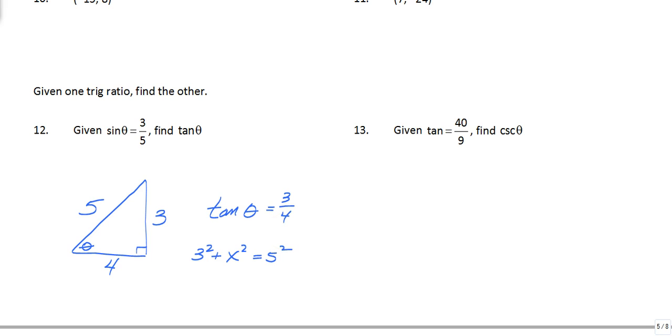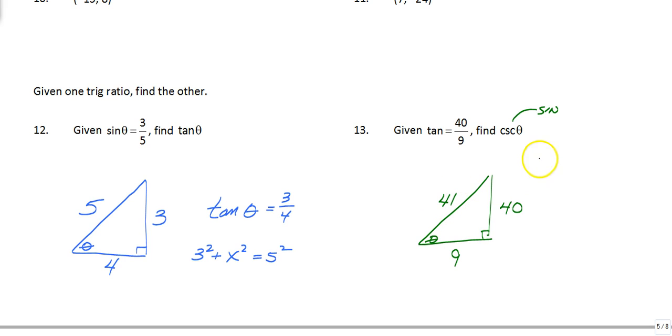Okay? Now you would do number 13 the exact same way. You would set up your triangle. You would call one of your angles theta. It was given that tangent is opposite over adjacent, 40 over 9. To find the cosecant of theta, you have to remember that that is the reciprocal of sine. So we still need to use the Pythagorean theorem, and that'll give us 41.